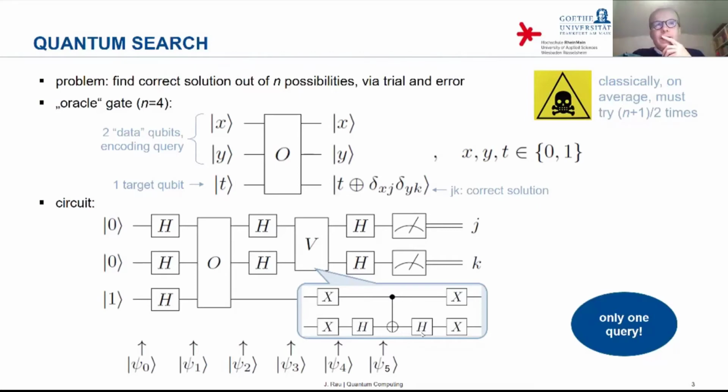Also, another parallel is the Hadamard transformations before and after the oracle. Also, the data qubits going in basis state 0, the target qubit going in basis state 1.